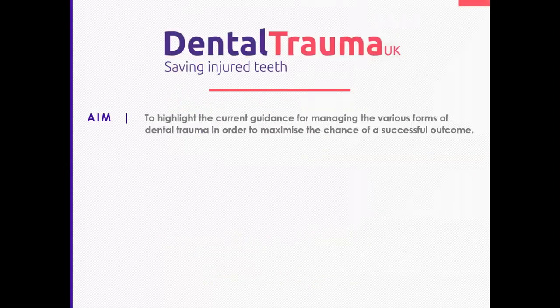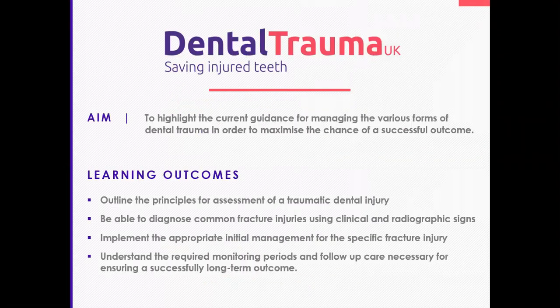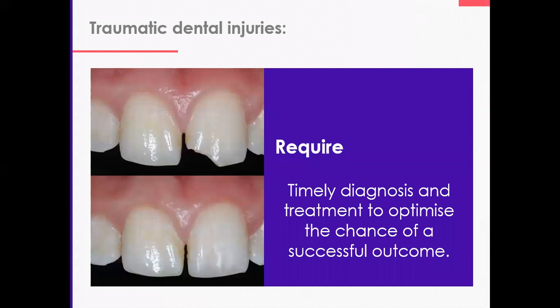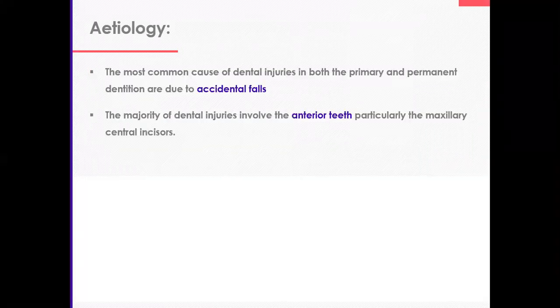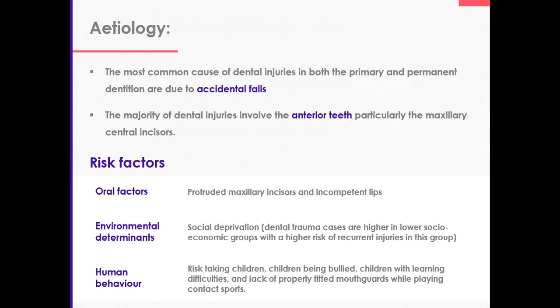Yesterday we discussed the aims and learning outcomes, so I'm not going to go through them again. It's the same. And also we talked about the importance of time in prompt and appropriate management of traumatic dental injuries. We also talked about the etiology. For those of you who missed yesterday's lecture, you can find it under infractions.